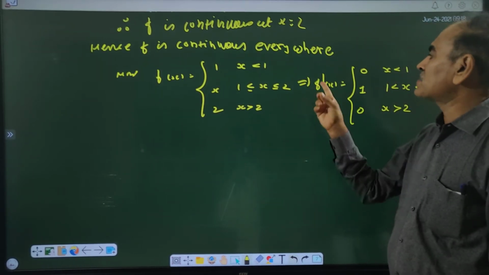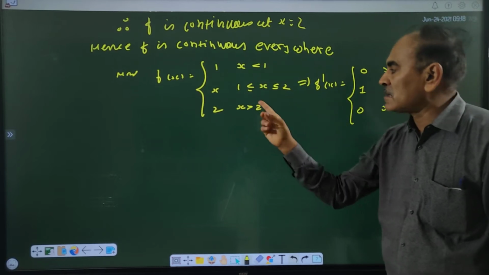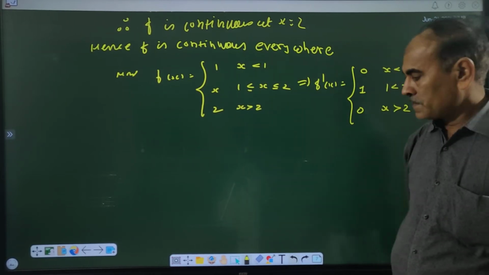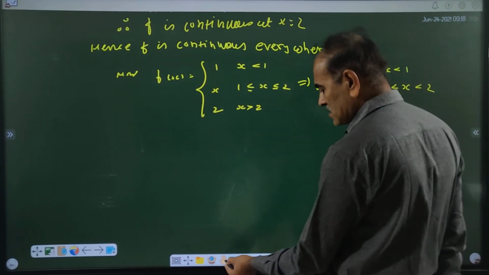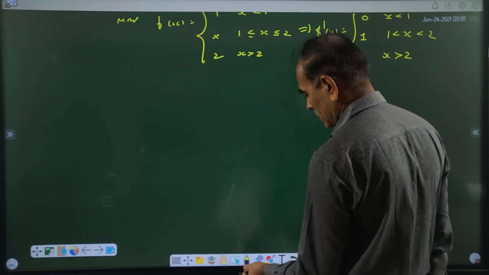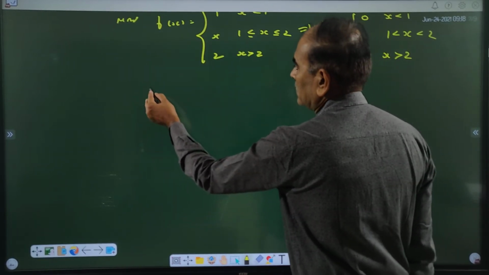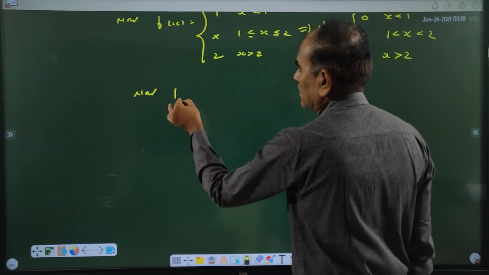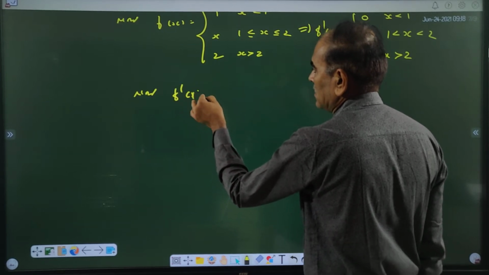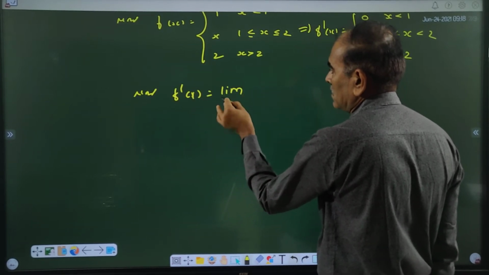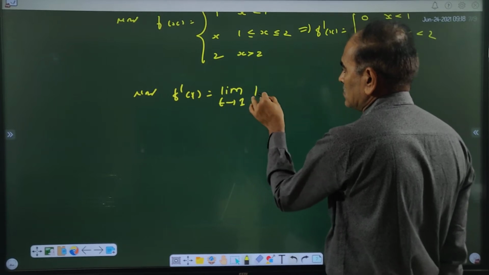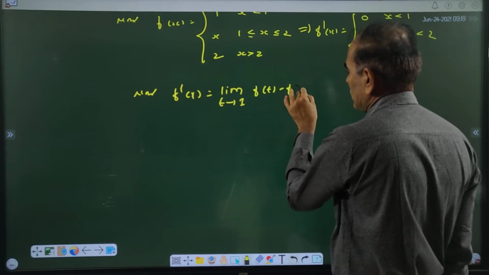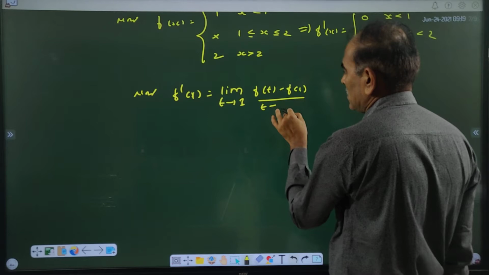Now prove that this function is not differentiable at 1 as well as 2. What is f dash 1? f dash 1 is equal to, as we know, limit t tends to 1 of f of t minus f of 1 over t minus 1.